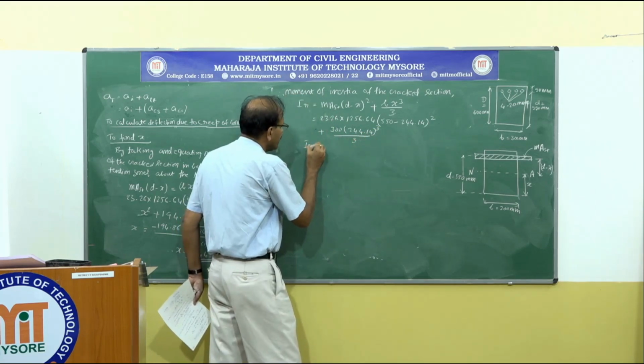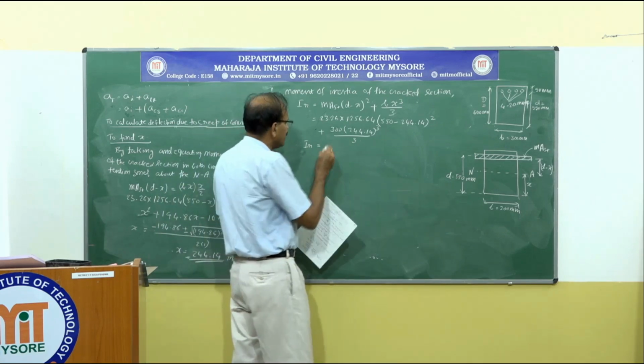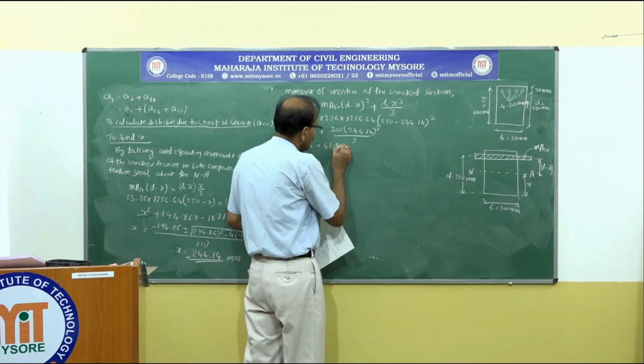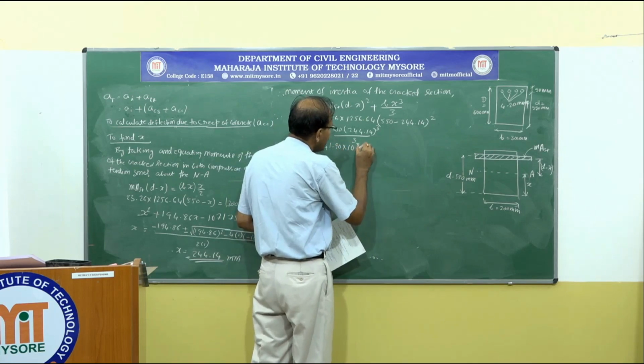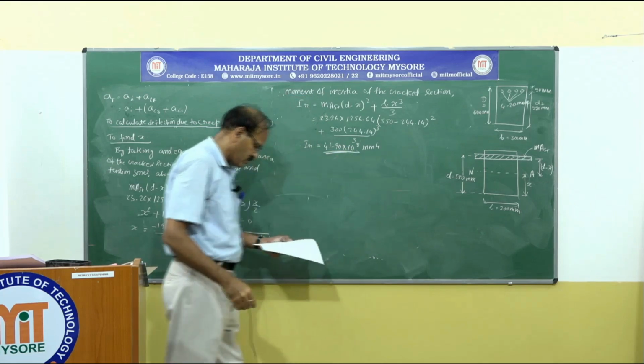Therefore, moment of inertia of the cracked section is given by 41.90 into 10 to the power of 8 millimeter to the power of 4.